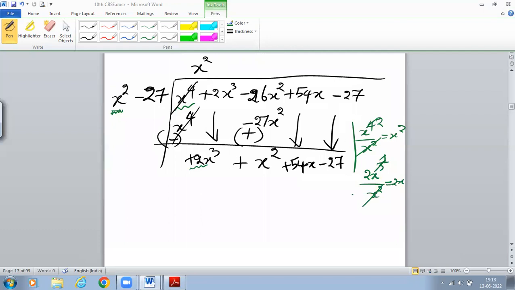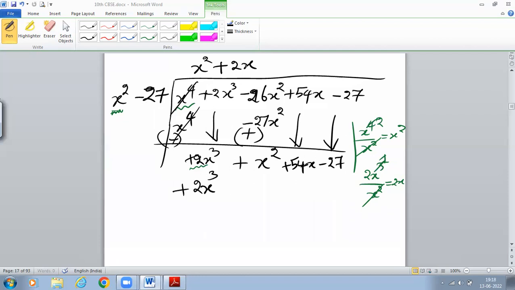Now that 2x we write at the quotient, plus 2x. Again, each and every term of the divisor has to be multiplied with the new quotient 2x. Now x square into 2x is 2x cube, because plus into plus is plus, and x square into 2x is 2 into x square into x, which is 2x cube.